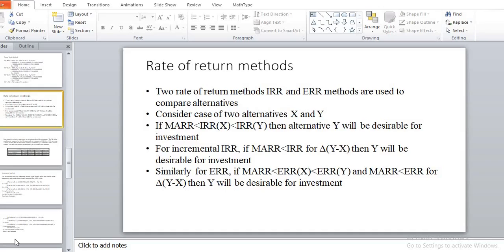Similarly, for external rate of return, if the interest rate is larger than the MRR value, then y is the desirable one. We will go through some numericals, and then this incremental rate of return will become clear.